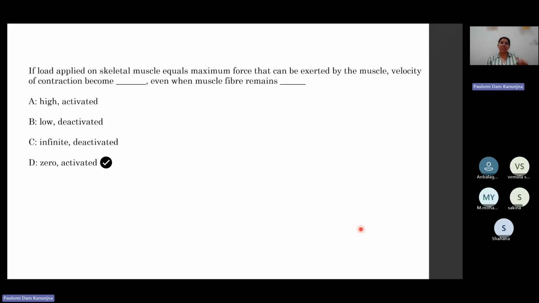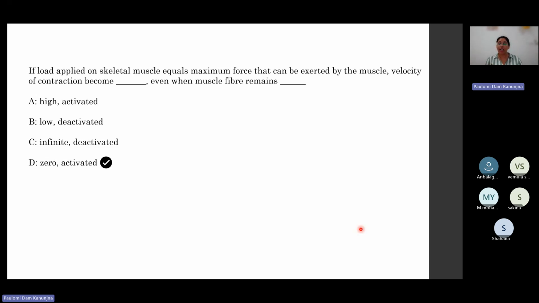If load applied on the skeletal muscle, which is basically the force, the tension, equals the maximum force that can be exerted by the muscle, it means each muscle has a certain capacity to generate force. Only with a certain force can you work. So if that maximum force generating capacity is reached because of the tension applied on the muscle, then your contraction is what is driving the shortening of your sarcomere.